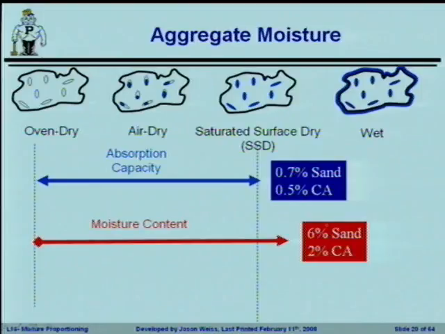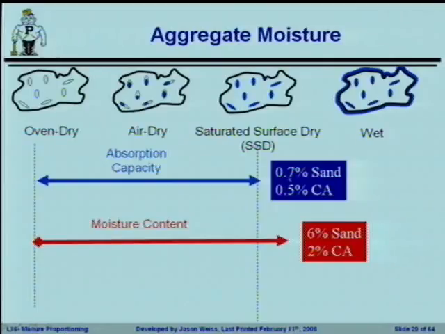Let's try this one more time. Let's look at our blue diagram being the absorption capacity. 0.7 is the absorption capacity of our sand. 0.5 is the absorption capacity of our coarse aggregate, so that we now have that. Our moisture content is going to be 6% in the case of sand, 2% in the case of coarse aggregate.